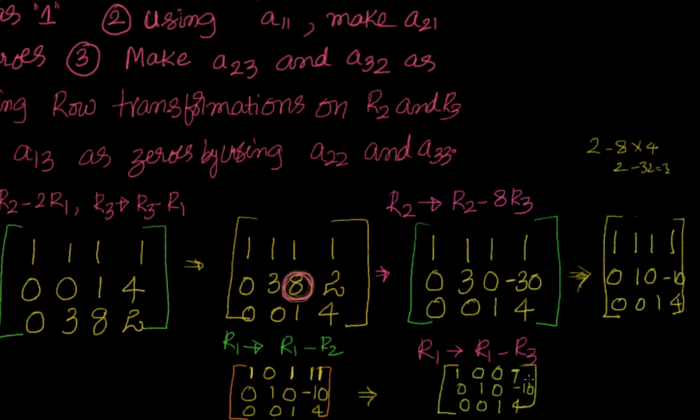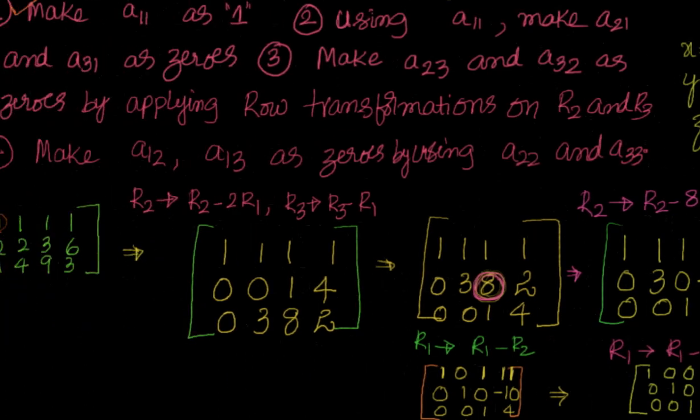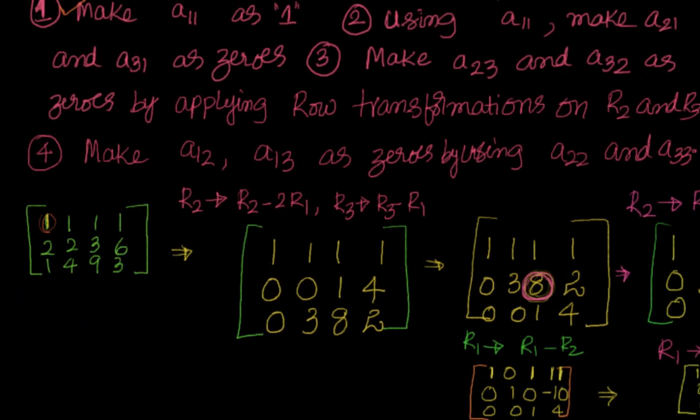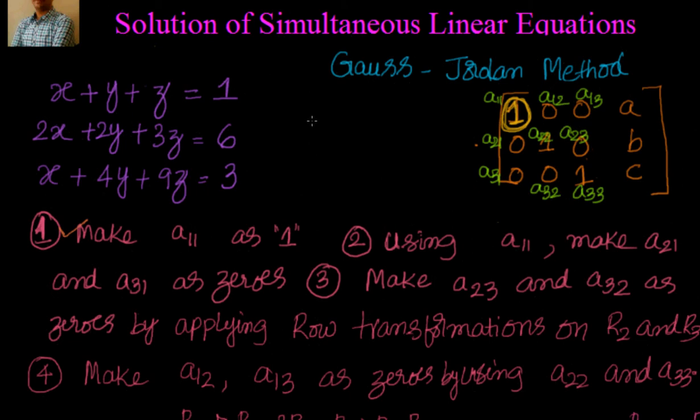So you can see now 1, 0, 0, 7, 0, 1, 0, minus 10, 0, 0, 1, 4. That's nothing but x equal to 7, y equal to minus 10 and z equal to 4. Let's go back and check that. We'll just do a random check. 7, minus 10 and 4. 7 is x, y is minus 10, z is 4.